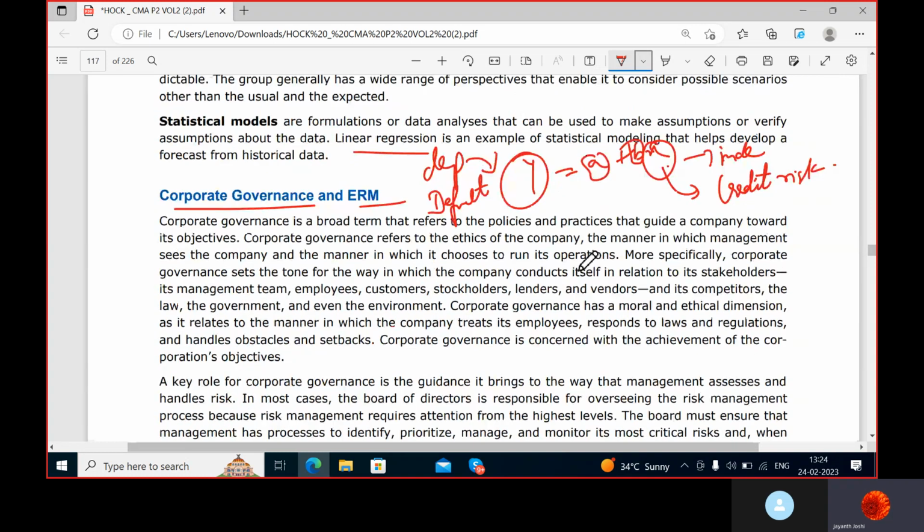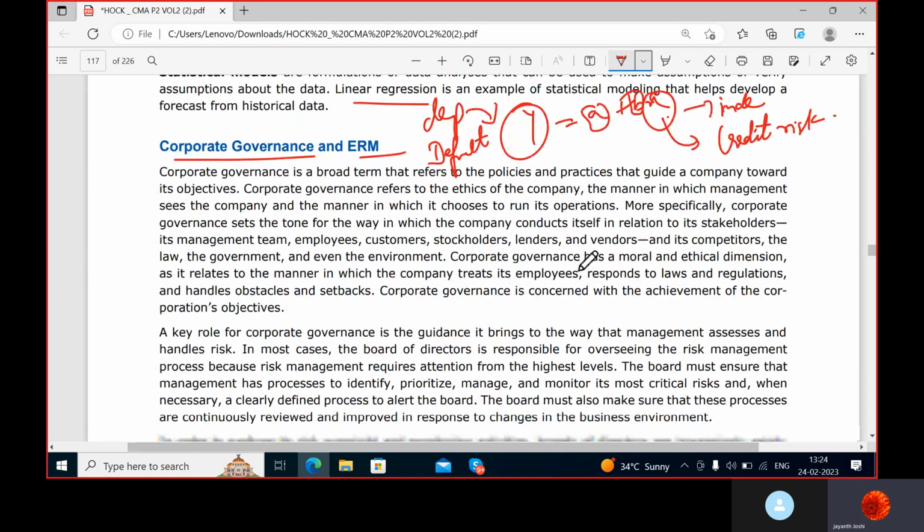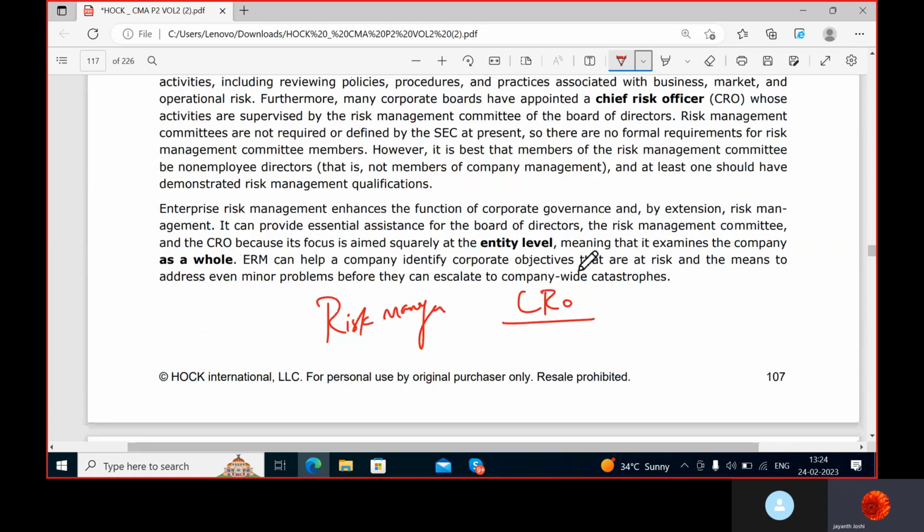See what happens if you follow corporate governance codes: the entire process of enterprise risk management becomes very easy, because the compliances have been given so much importance by the government or the governing bodies, who think that compliances are made to be followed by organizations.